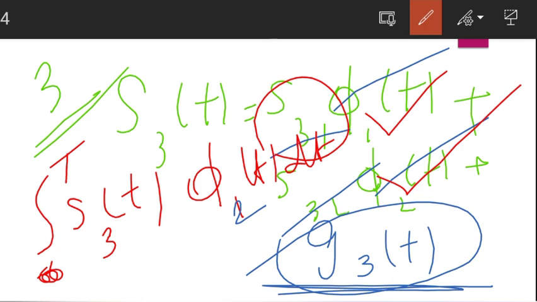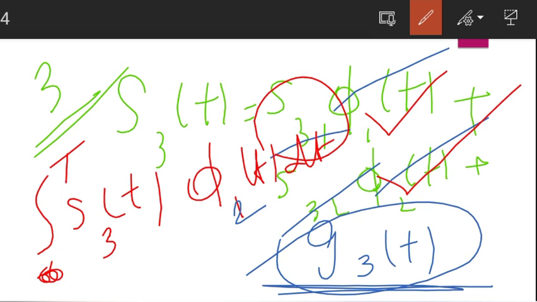What is S33? S33 into Phi3 of t is S33 into G3 of t divided by the root of the integral from 0 to t of G3 of t whole square dt. So we can assume that S33 is equal to the integral from 0 to t of G3 of t whole square dt.